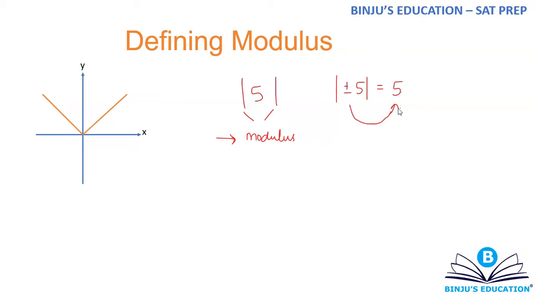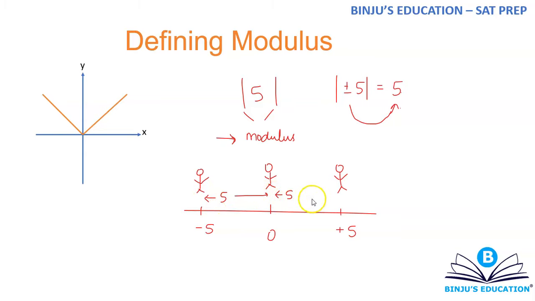So when you write modulus of plus minus 5, that basically means that if on a number line you're standing on 0, whether you walk towards positive 5 or you walk towards negative 5, what will be the distance covered by you?